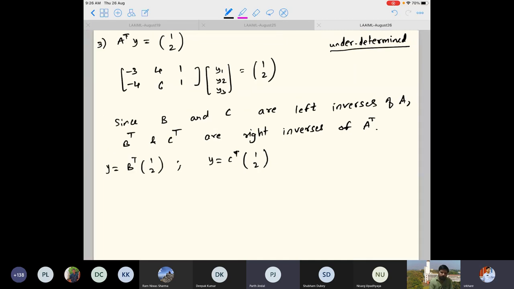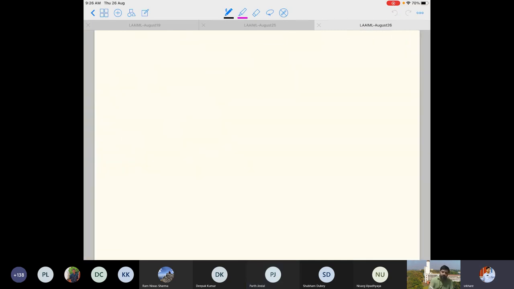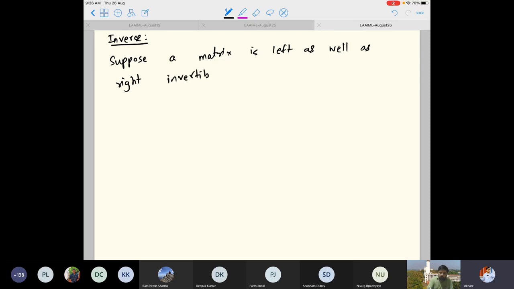Yes. Okay. So let us move to this concept of inverse. What is inverse? Suppose a matrix is left as well as right invertible. Then what happens?